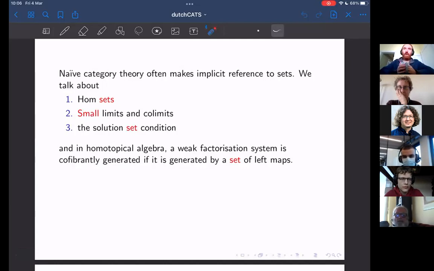version of why fibrations are cool is that in naive category theory, we often make a kind of implicit reference to sets, and thereby to set theory. Some examples: we talk about Hom sets, sets of morphisms.